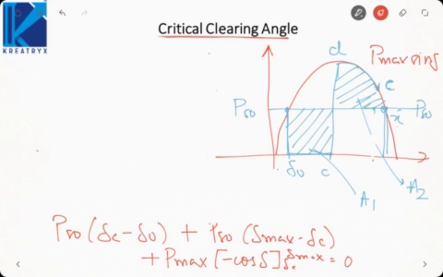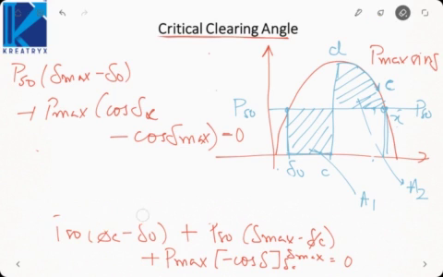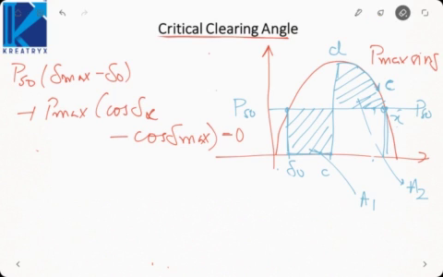Now if we substitute the limits in the integration, this term will get cancelled out. So PS naught into delta max minus delta naught plus P max into cos delta C minus cos delta max must be 0. From here, if we try to find this, this will be with the minus sign because it was PS minus P max.